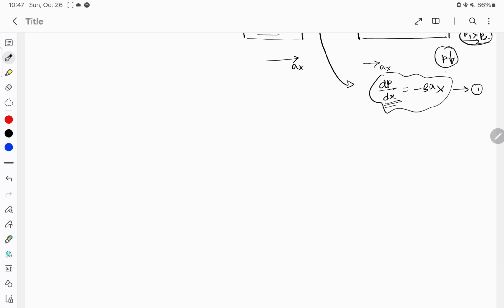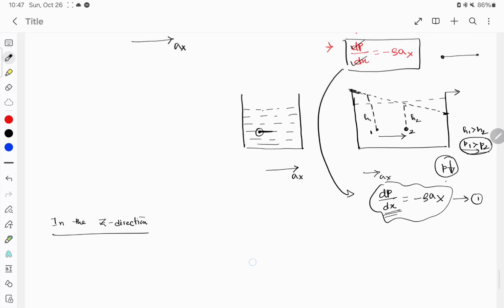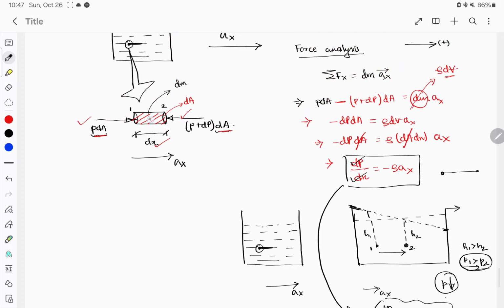Now we will do the same analysis in the z direction. And remember, here we didn't take dm into g, the weight of the element, because this was in the vertical direction and we were going in the x direction.